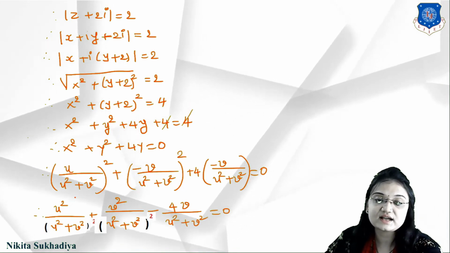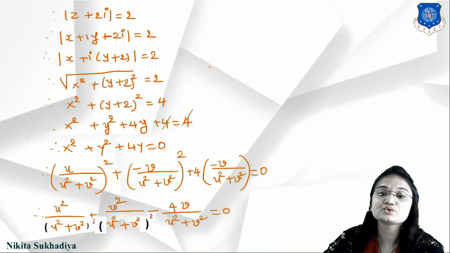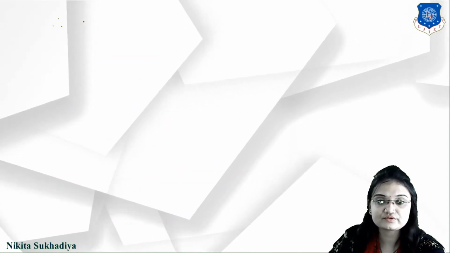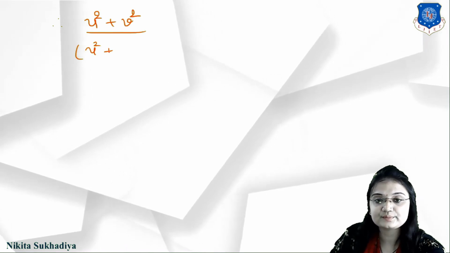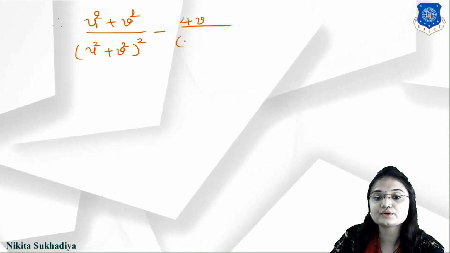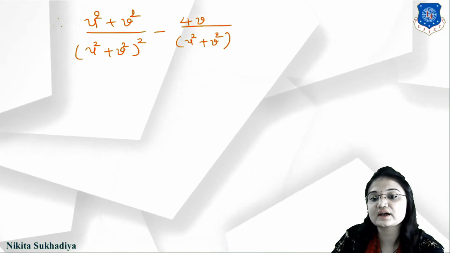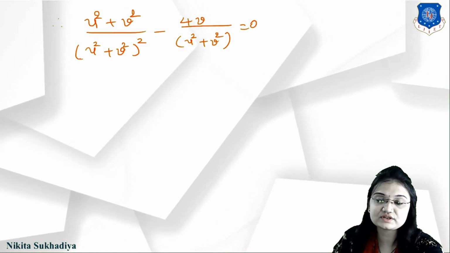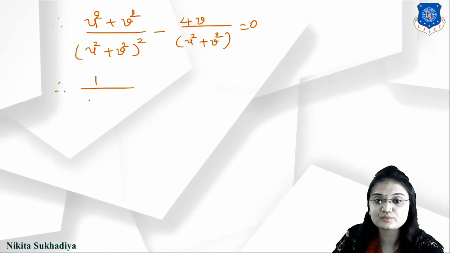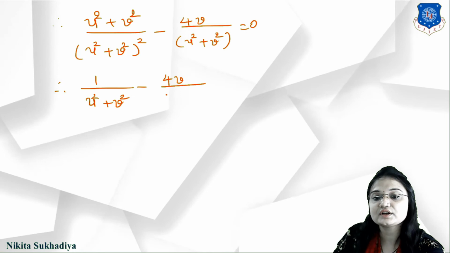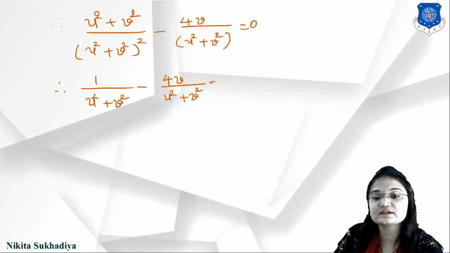Okay, now by taking LCM in the first two terms, our first two terms will become (u² + v²) upon (u² + v²)² minus 4v upon (u² + v²) = 0. So this first u² + v² cancels out, so this will become 1 upon (u² + v²) minus 4v upon (u² + v²) = 0.